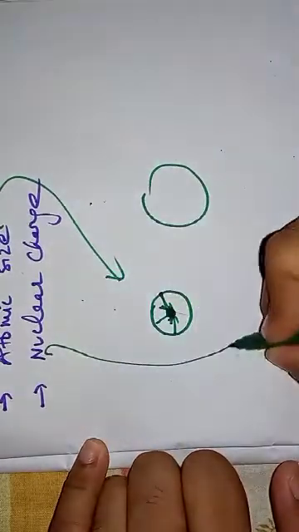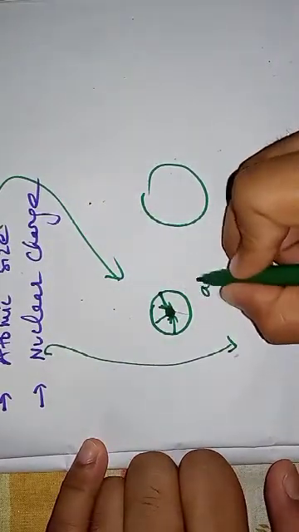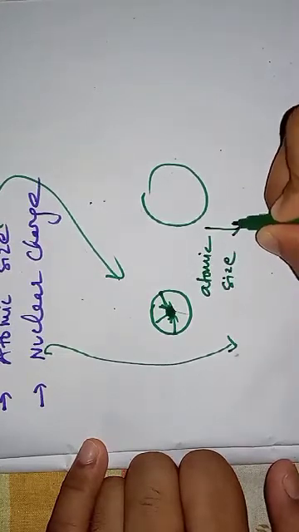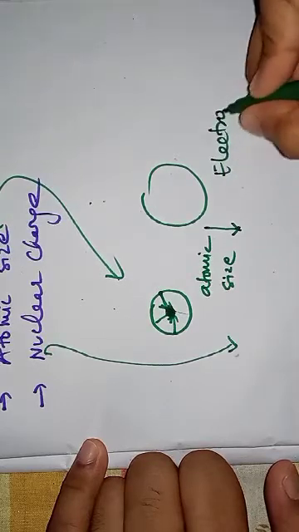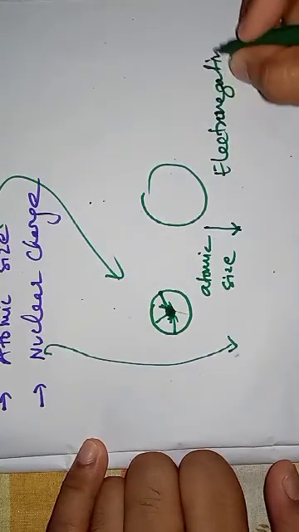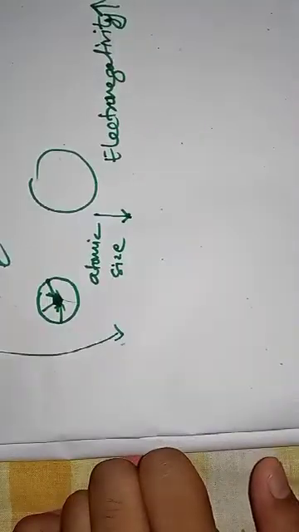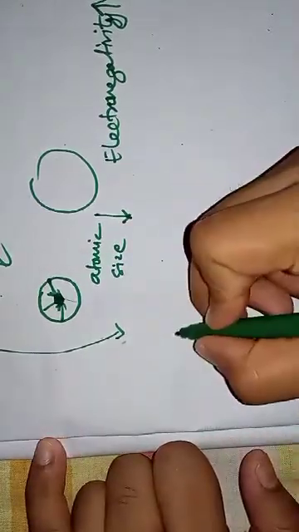Smaller is the atomic size, greater is the electronegativity. Clear? Now let us take the nuclear charge. Nuclear charge means atomic number. Suppose I depict the nuclear charge with two nuclei, one bigger, one smaller.